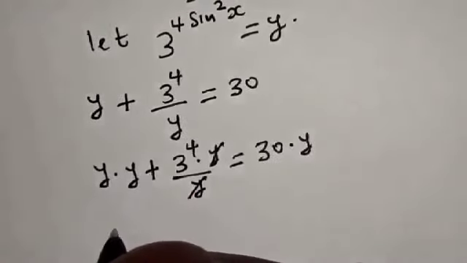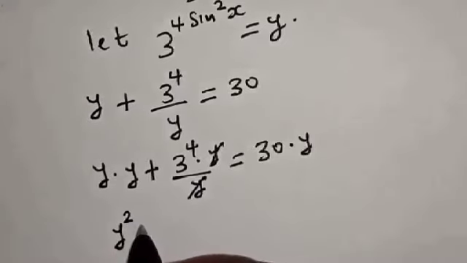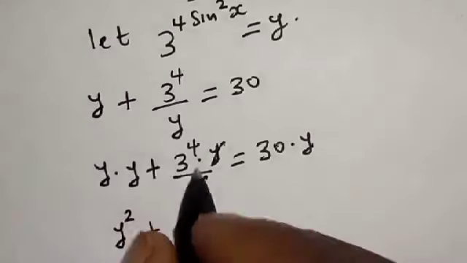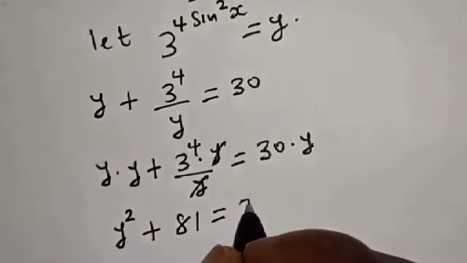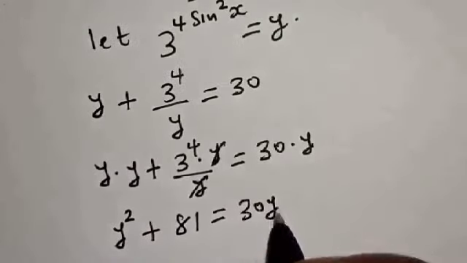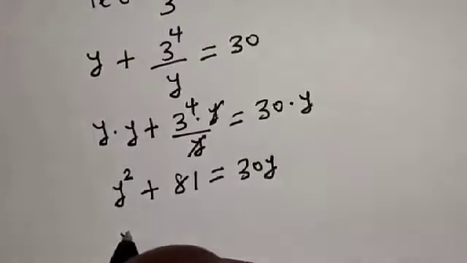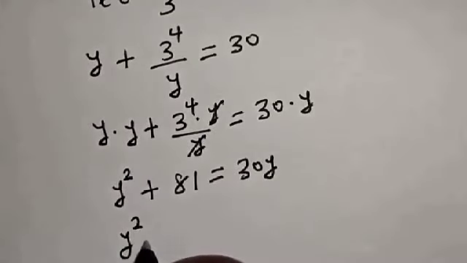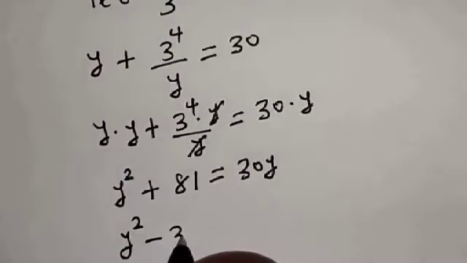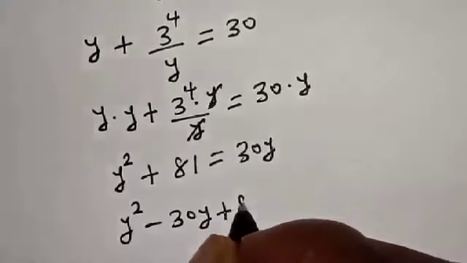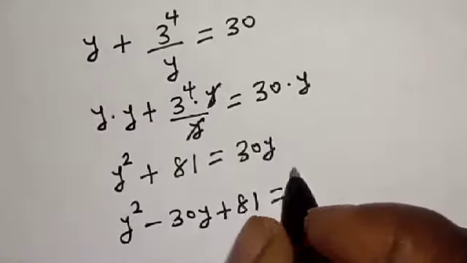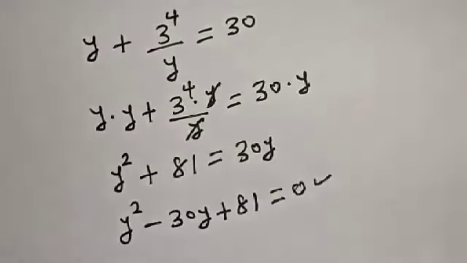Y times y is y square, plus 3 raised to power 4, 81, is equal to 30y. Then this is y square minus 30y plus 81 is equal to 0. This is a quadratic equation.